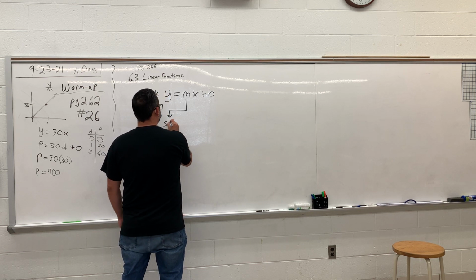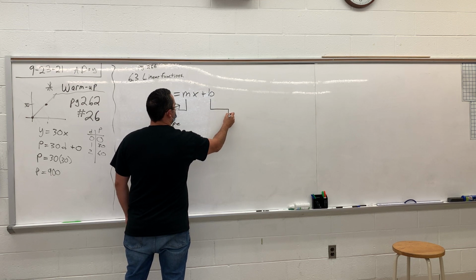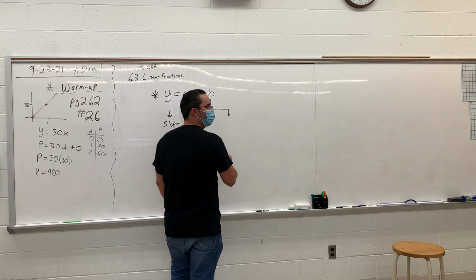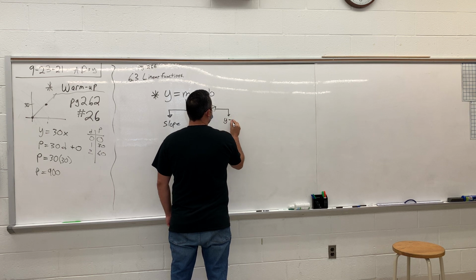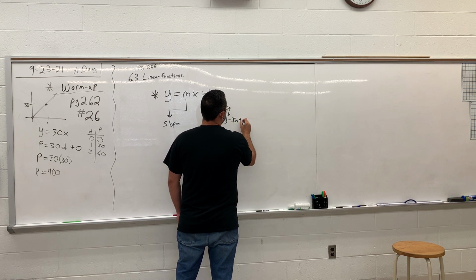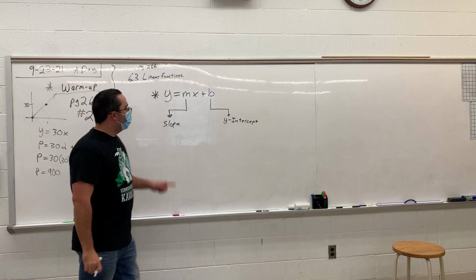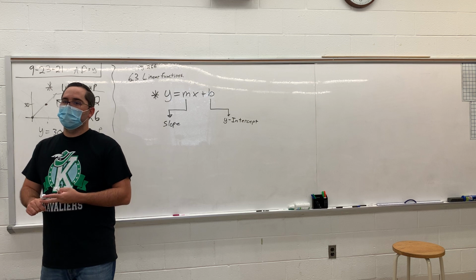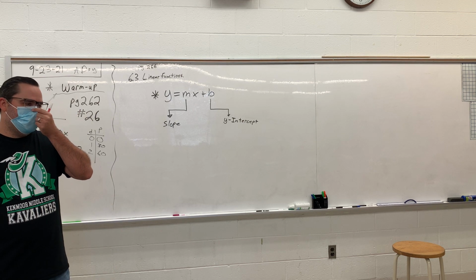Nope. b represents, nice, if you look into the book, smart girl, y-intercept. All right, we're going to have to find both of these today. We're going to find them in a graph and in a table. We're going to use them to write our equation.